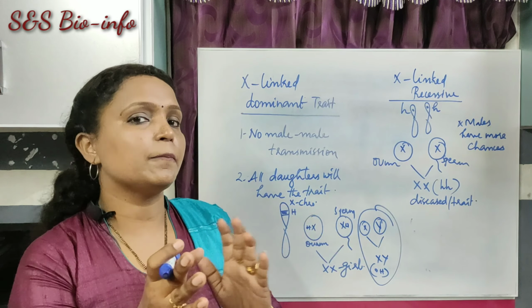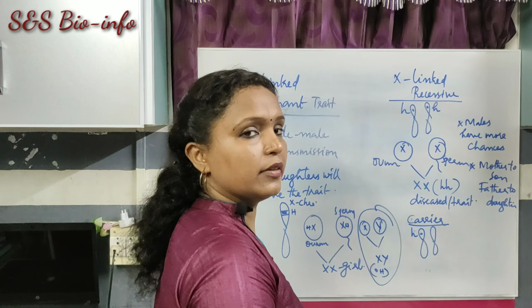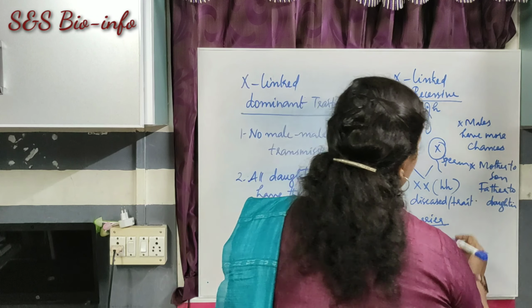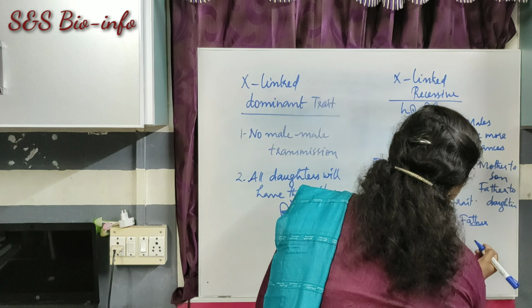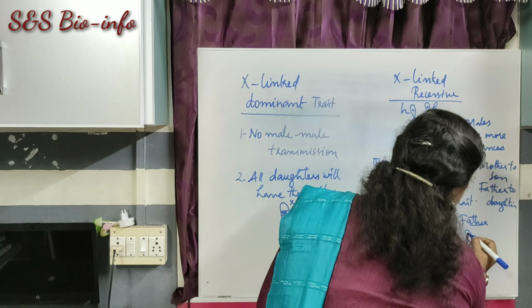Suppose the mother is a carrier, that means the mother has only a single recessive allele in her sex chromosome. Then the father is an affected man with one allele.